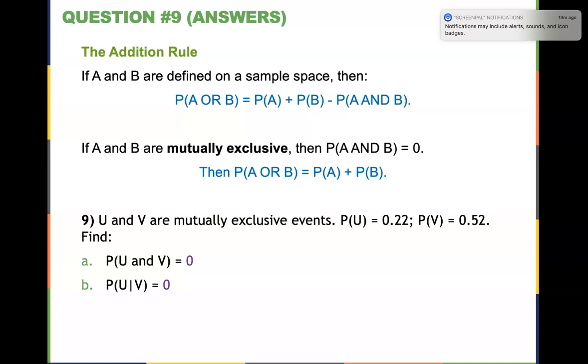The two cannot happen simultaneously. So if you have V, you cannot also have U. And so that's also 0. And lastly, P(U or V), the probability of U or V, is the probability of U plus the probability of V, because they are mutually exclusive. So we simply add the two individual probabilities together.